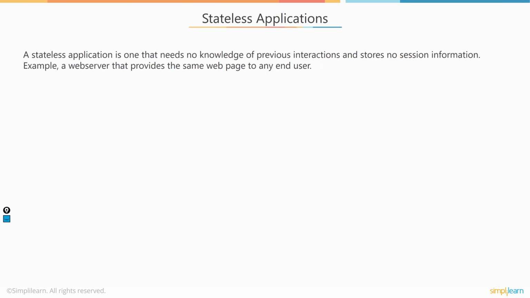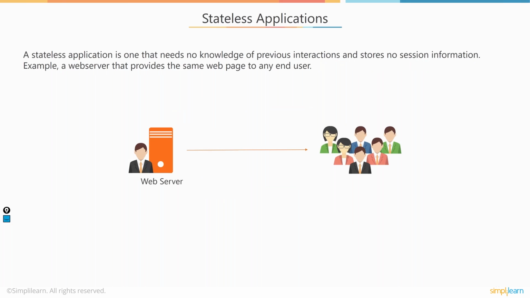Now, we're going to get to stateless applications. I know we had the question before regarding stateless and stateful. Now, I'm going to define this as follows. A stateless application is one that needs no knowledge of the previous interactions and stores no session information.